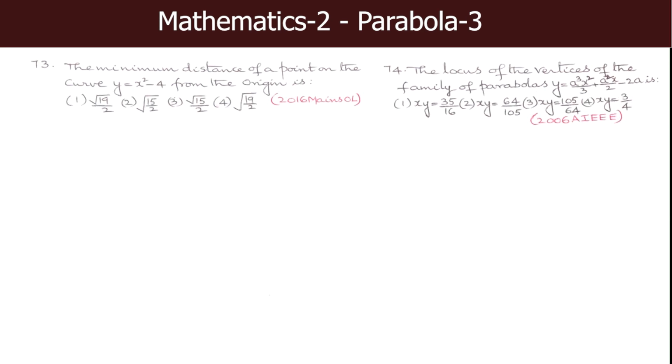Okay, next. The minimum distance of a point on the curve y equal to x square minus 4 from the origin is, 2016 Mains online. Minimum distance of a point on the curve y equal to x square minus 4 from the origin is.